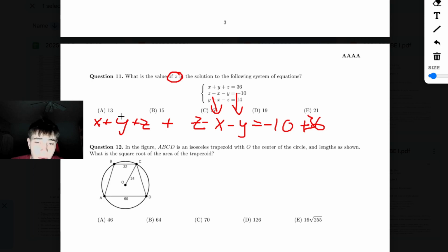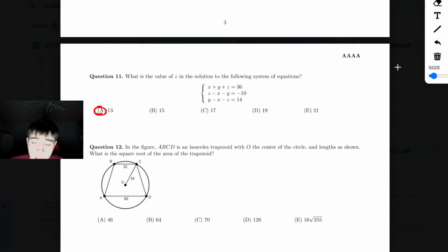And then you'll notice that the x and the y both go away. They sum to 0. So we get 2z equals 26. So that means that we can just divide by 2, so then z equals 13. Now that's a pretty easy problem because of just how it's set up, but the answer is A.